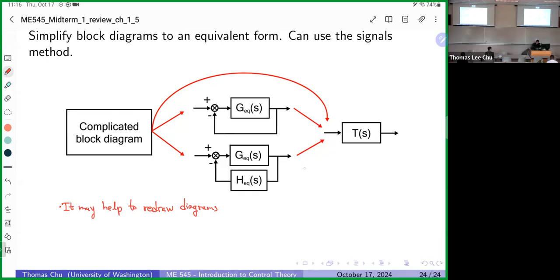If you draw it like we're all accustomed to seeing, we're like, oh, that's a feedback system. But maybe if I were to mirror this and rotate it 90 degrees or something like that, it might no longer look like a feedback system. So feel free to just redraw it to make it look more familiar.